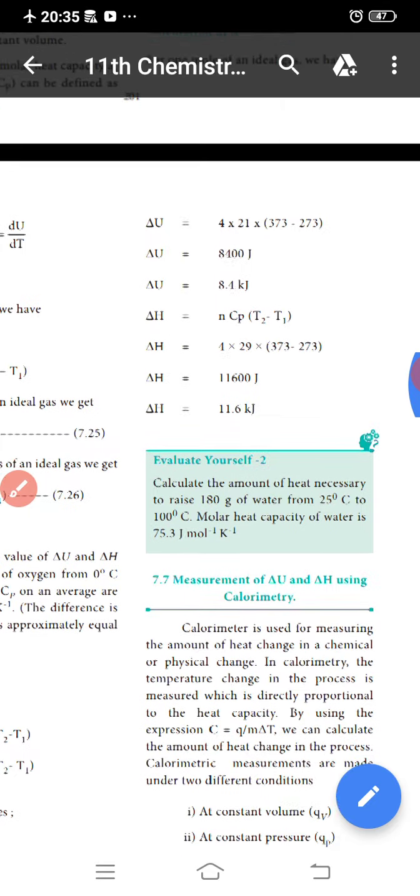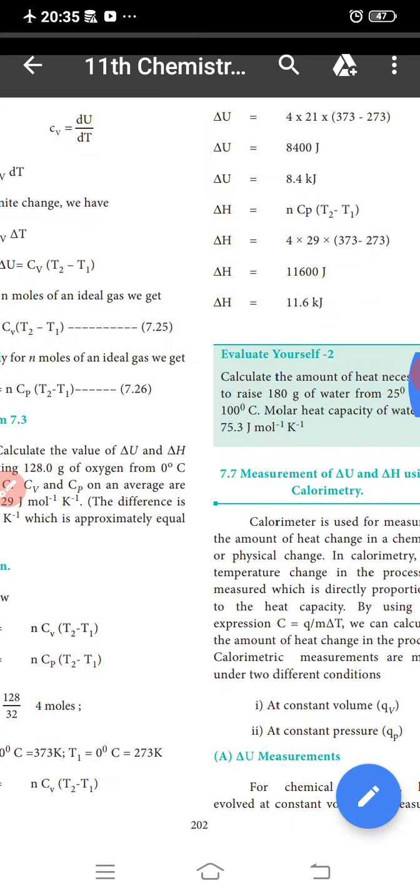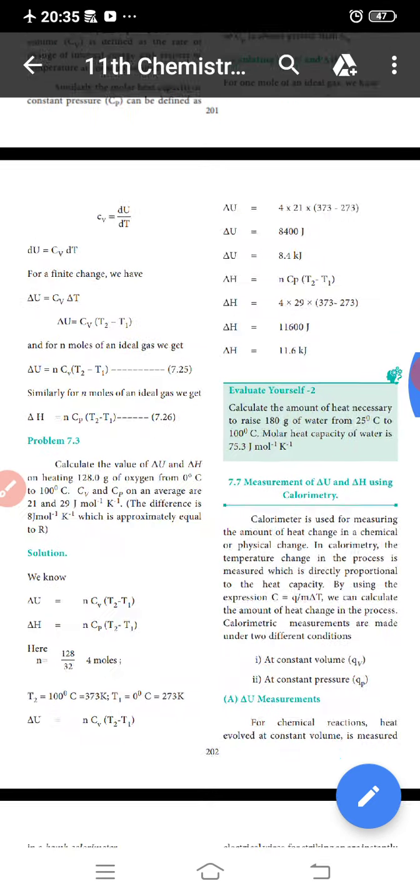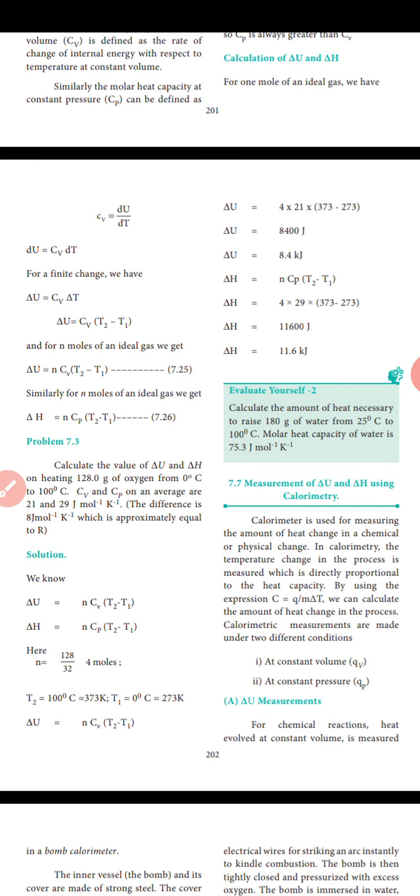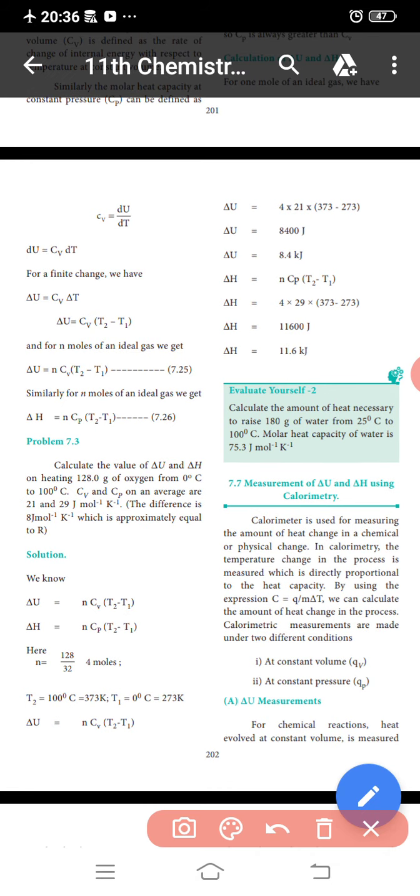Applying the formula with n equal to 4 moles, ΔU is equal to 4 times Cv, which is 21, times (373 minus 273), which is 100.